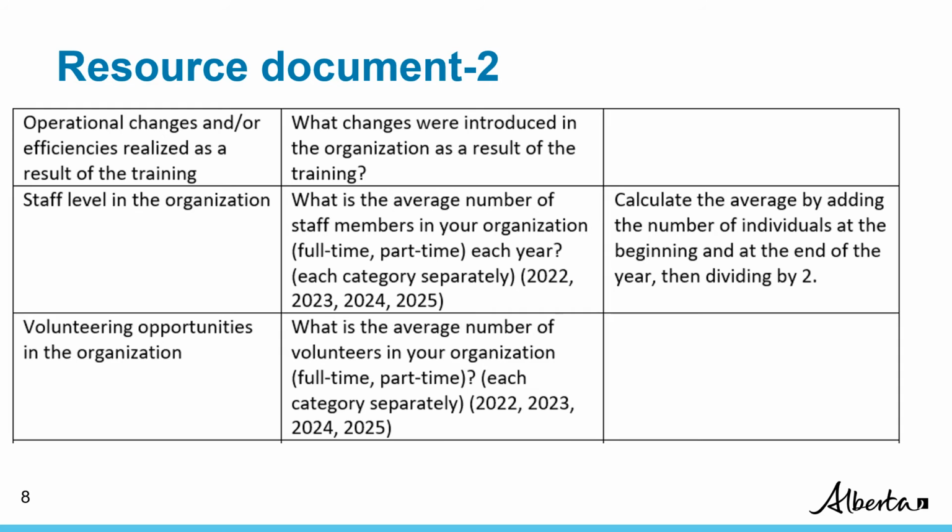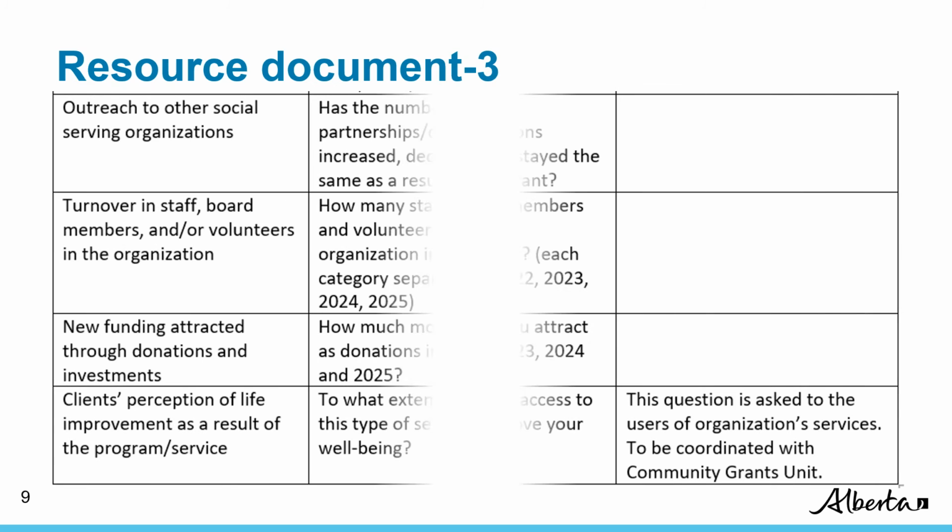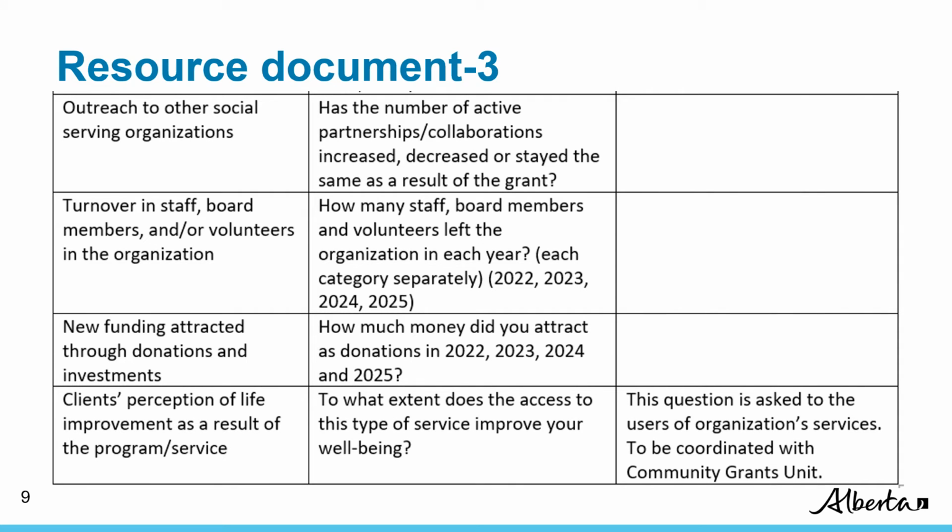So, other questions. What changes were introduced in the organization as a result of the training? What is the average number of staff members in your organization, full-time, part-time, each year? What is the average number of volunteers in your organization, full-time or part-time? Has the number of active partnerships and collaborations increased, decreased, or stayed the same as a result of the grant?